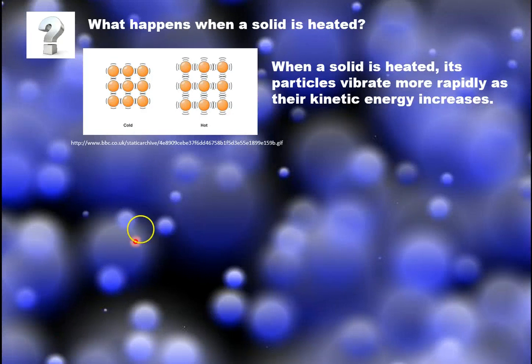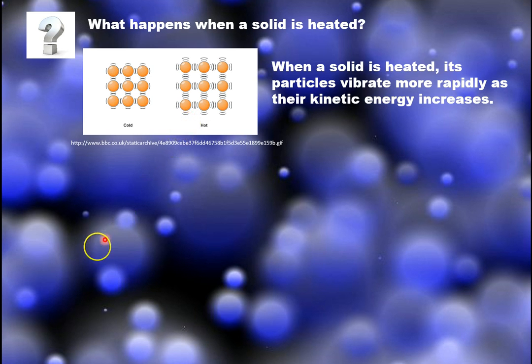When we heat the solid, take a look at this, we see these X's and these little semicircles represent the vibrations. When it's cold, the particles are vibrating, but when you heat them up, the energy from the heat is transferred to the particles, increasing their kinetic energy.